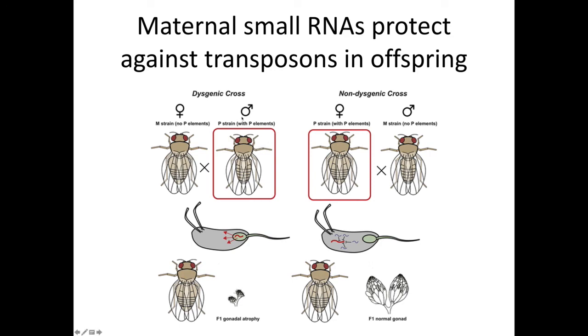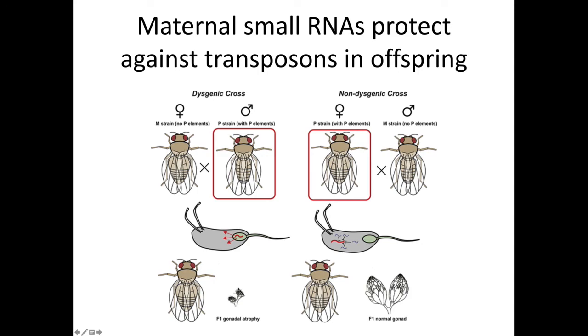Now, these dads have sperm that carry these P elements, but sperm do not have much cytoplasm. And so even though the mother contributes the cytoplasm to the progeny, her cytoplasm doesn't contain any of these small RNAs. And that means that these P elements come in and find themselves in this environment in which there's no repression, and the P elements jump around like crazy in the germline, and that causes sterility.